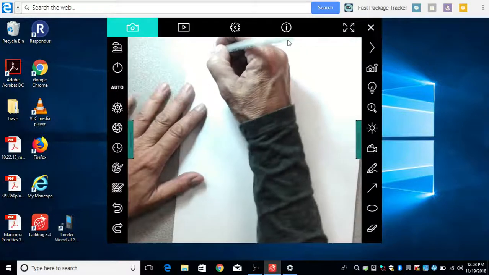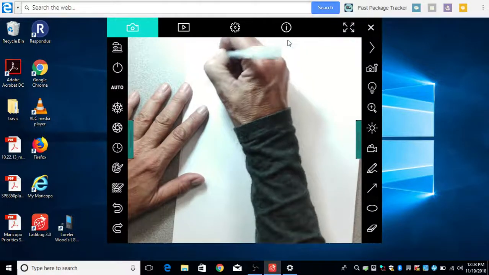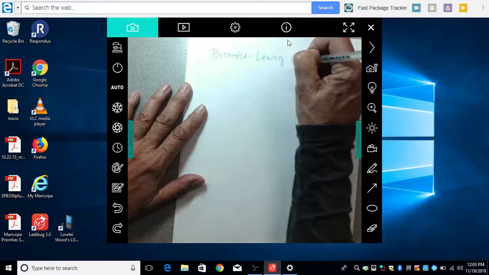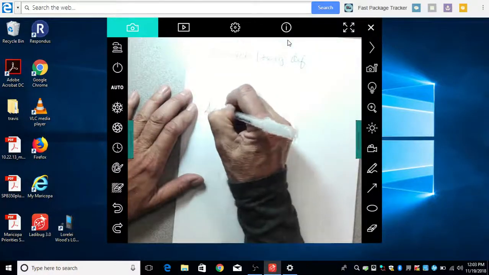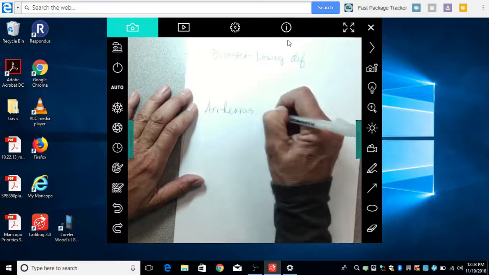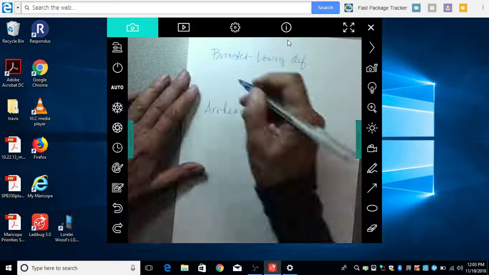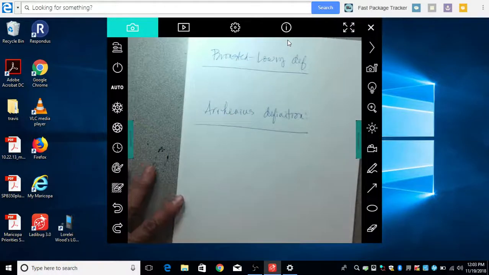So we have the Bronsted-Lowry definition and the Arrhenius definition. There are two different definitions of acids versus bases.